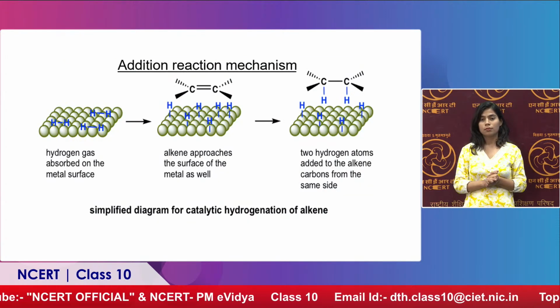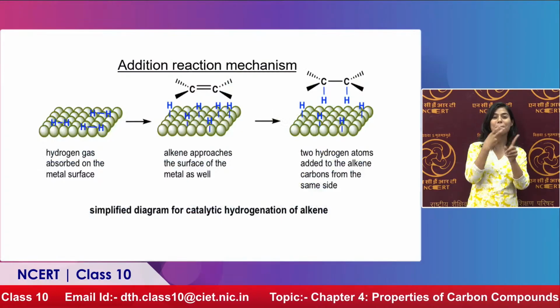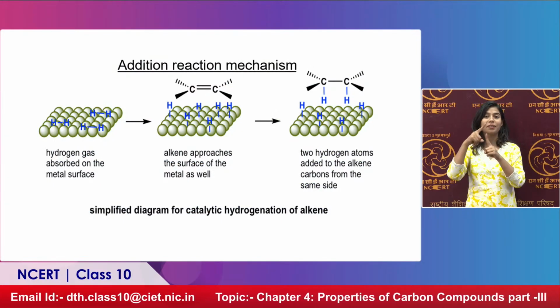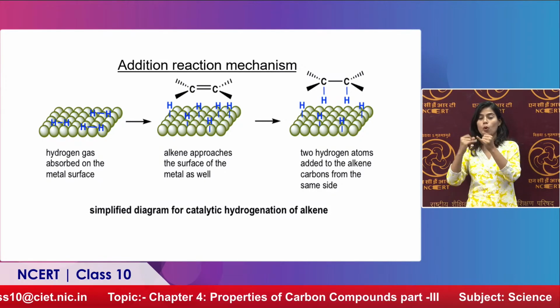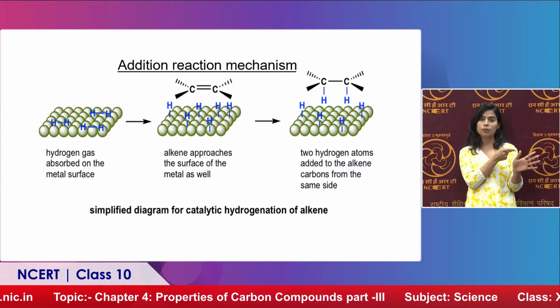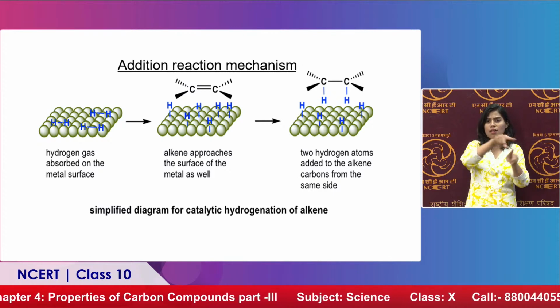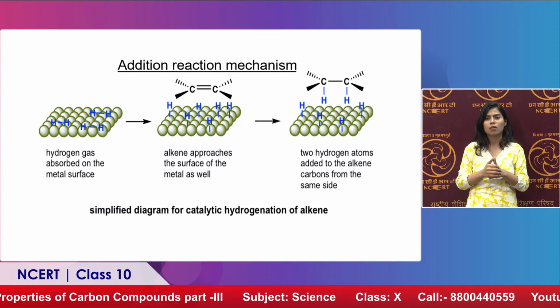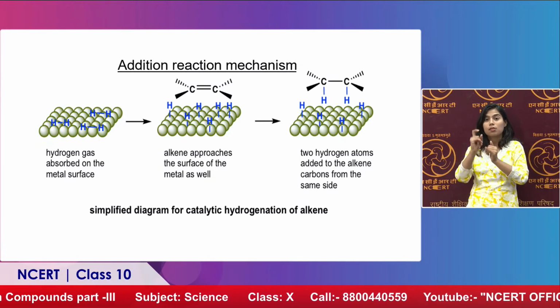So, in detail we can also understand how the addition of hydrogen over the alkene takes place. The metal acts as a catalyst, and adsorption of hydrogen atoms will take place on the metal atom. We can say that hydrogen atoms are adsorbed over the metal surface, in the first sphere of metal atoms as shown, and after that an alkene is going to approach the surface of the metal as well.